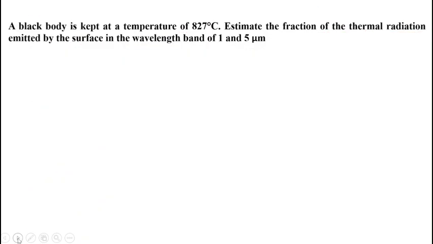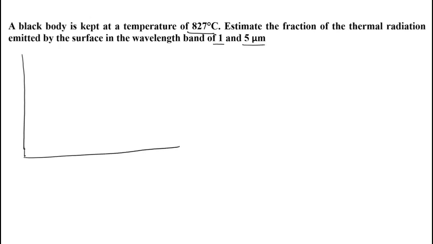Okay, now we can move to the third one. This is another basic problem. A body is at a temperature of 827 degrees Celsius. Estimate the thermal radiation emitted by the body between 1 and 5 micrometer wavelength.